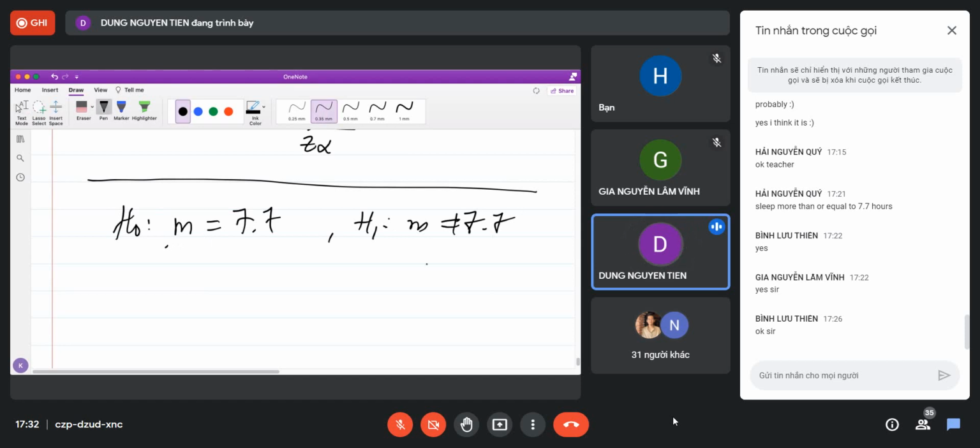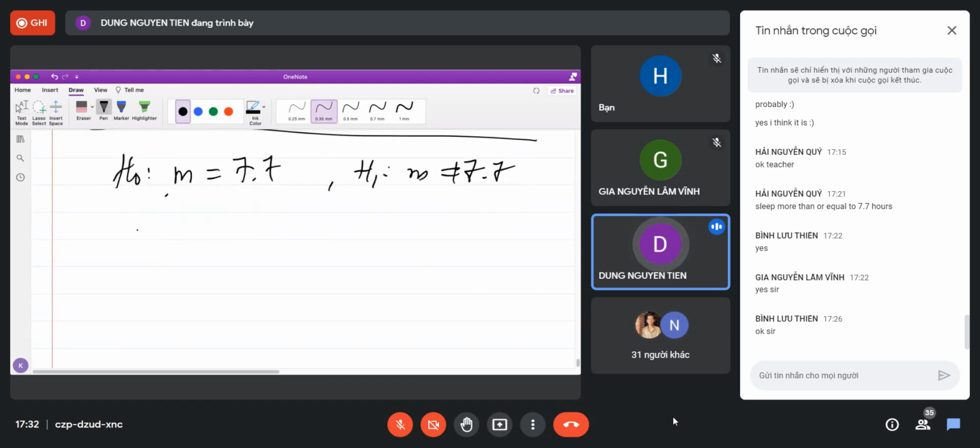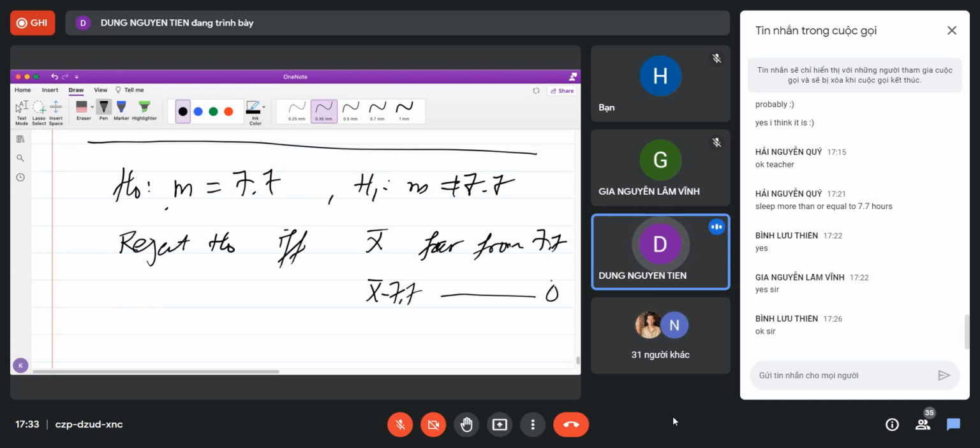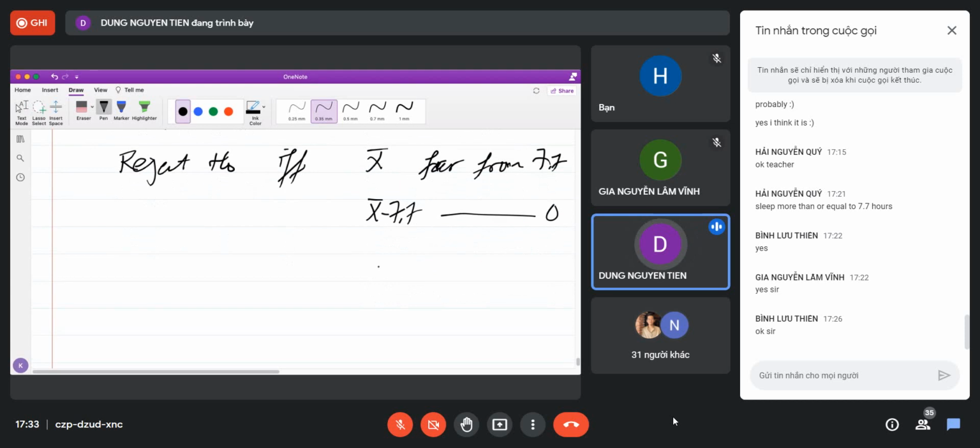You will reject the null hypothesis if X bar is far from 7.7, or let's say X bar minus 7.7 is far from 0, and then you can come up with Z, which is X bar minus 7.7 over sigma over the square root of n.